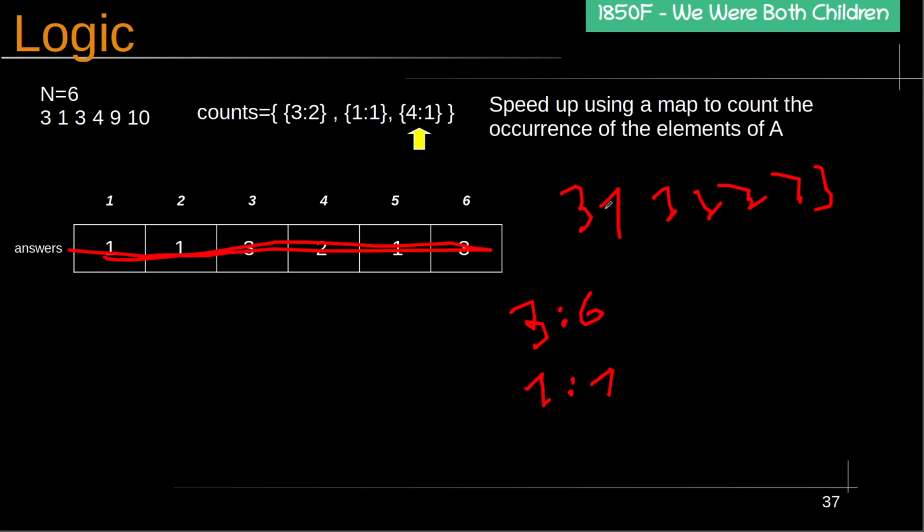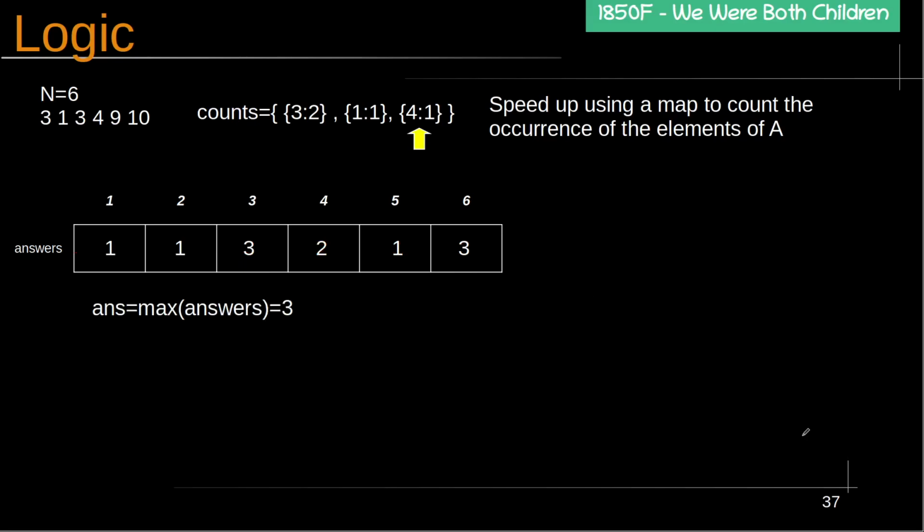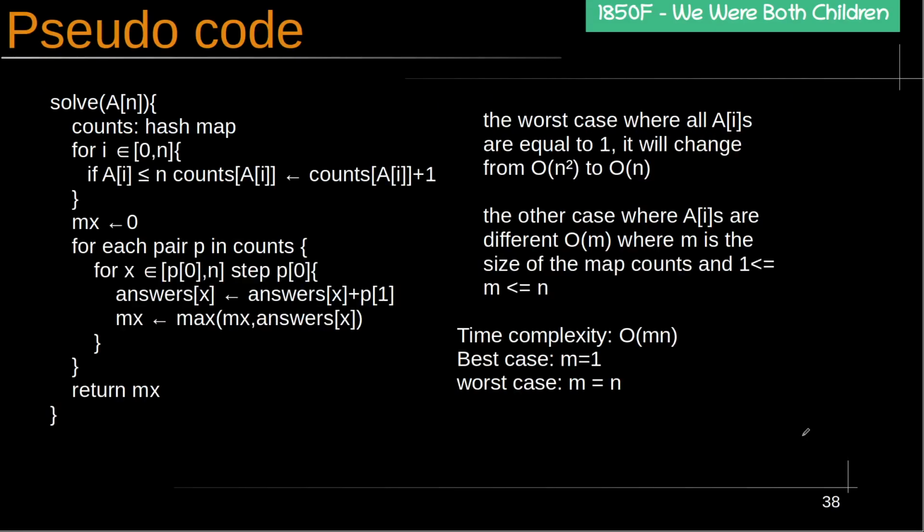So we go directly to 3 and we add 6, and we go by 1 and add 1. That's it. We have 2 iterations instead of 7 iterations. Same, the maximum is 3 here.